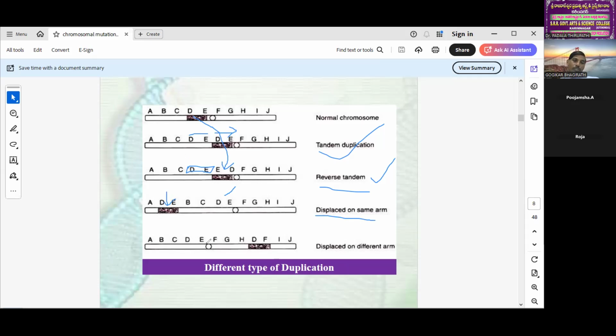So from the centromere, left side DE genes are there, but these duplicated genes are in the opposite arm, that is displaced. Sometimes it is attached to a non-homologous chromosome also, that is called displaced duplication also. So reverse tandem, tandem, displaced. These are the different types of duplications. Is it clear?